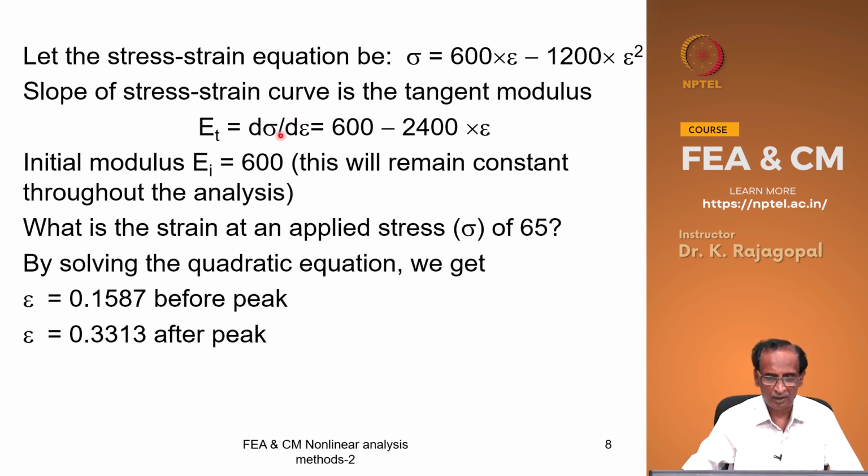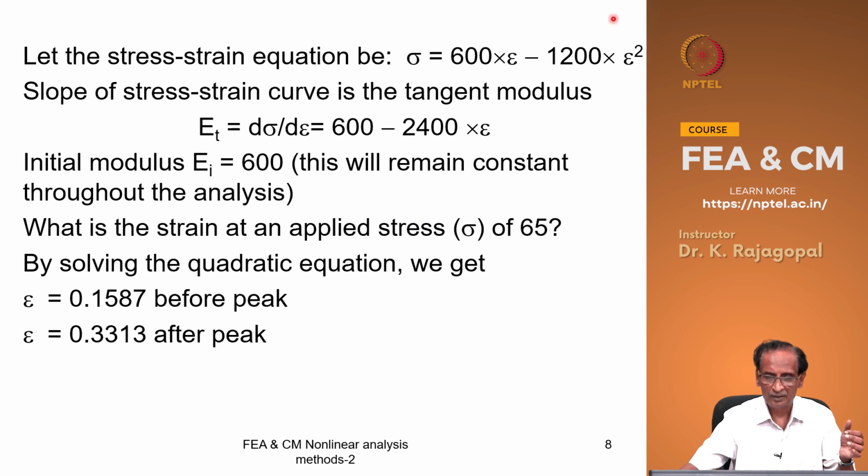The tangent modulus is d sigma by d epsilon, that is 600 minus 2400 epsilon, and the initial modulus is 600, that is when epsilon is 0. And then let us say that we are interested in finding the strain corresponding to an applied stress of 65.